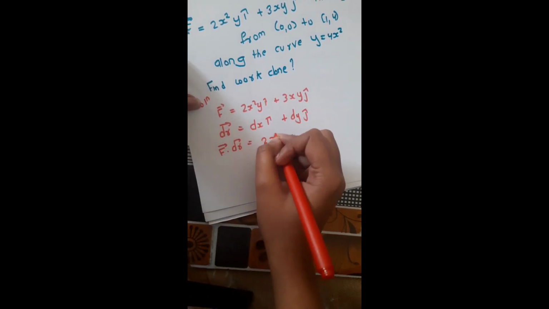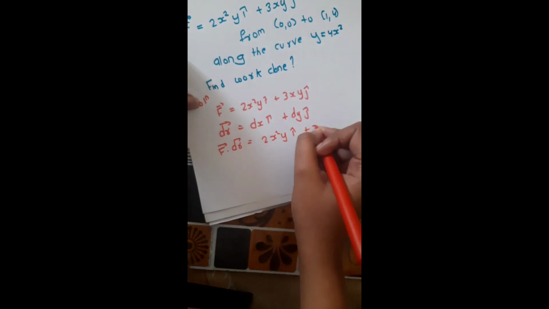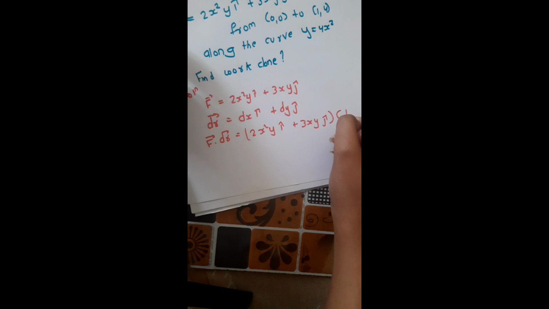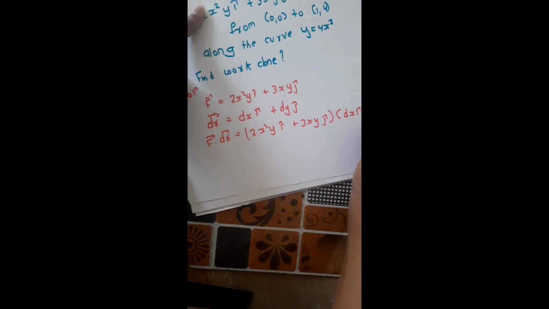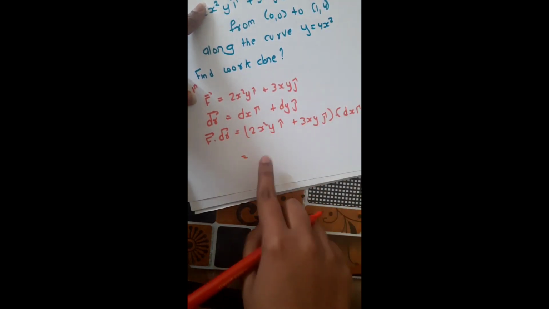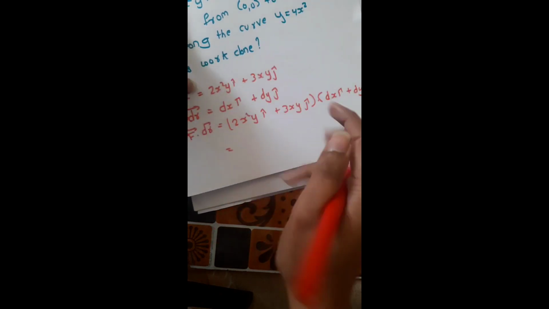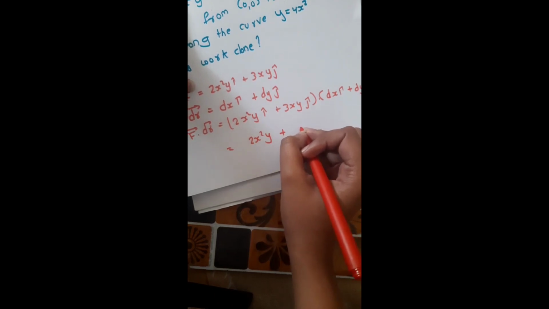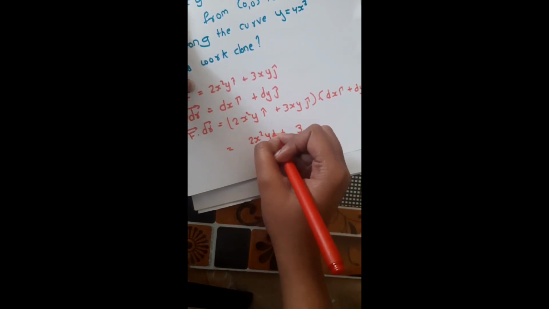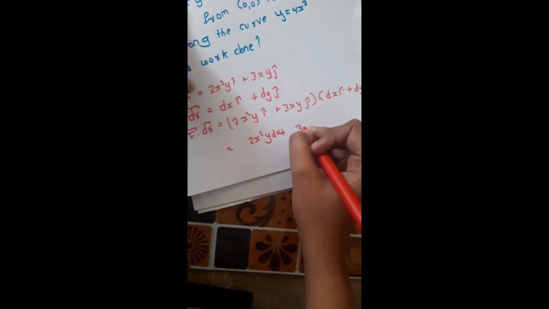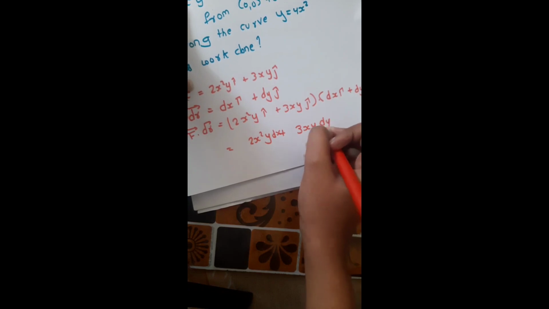It will be 2x square y i cap plus 3xy j cap into dx i cap plus dy j cap. You know how to do dot product: simply multiply i cap with i cap and j cap with j cap. So it would be 2x square y dx plus 3xy dy.